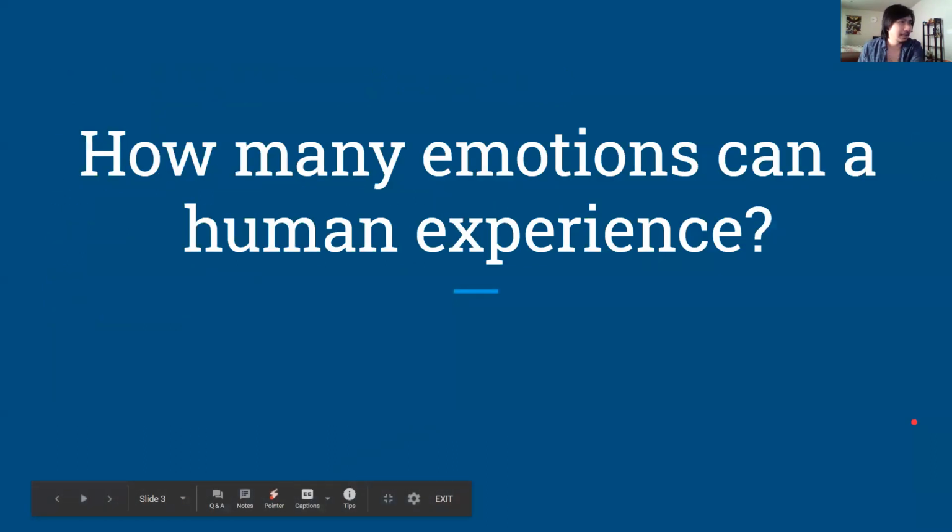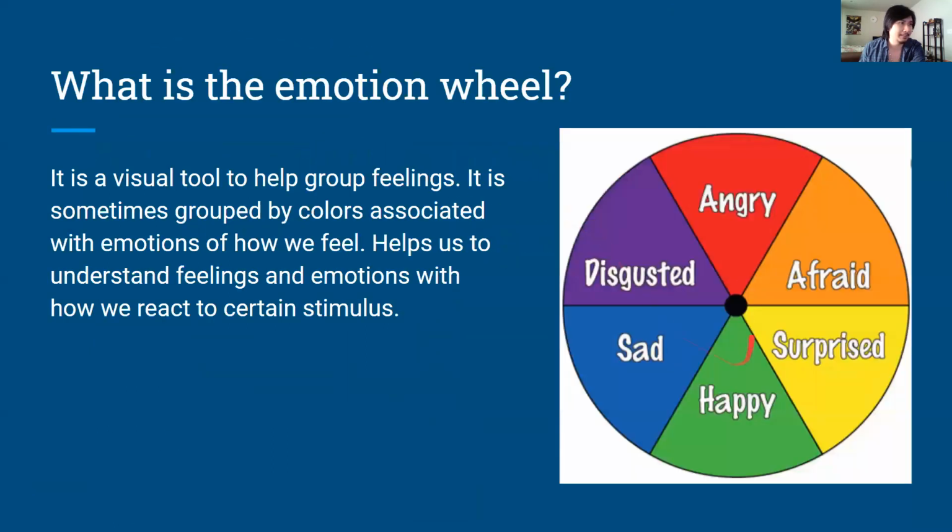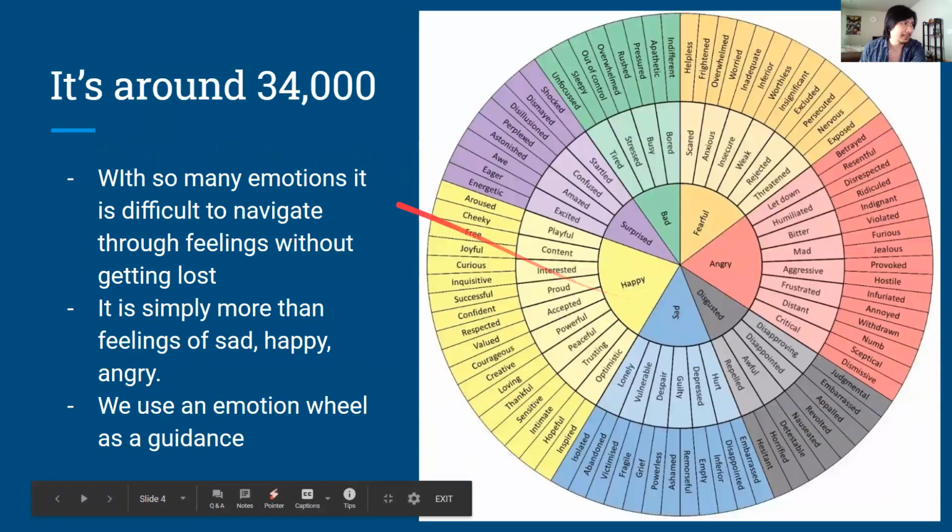So now, how many emotions can a human experience? This is actually one of the important reasons why people use these emotion wheels. It's a really surprising, staggering number. We had about six emotions right here, but there are actually 34,000 different emotions that we feel.